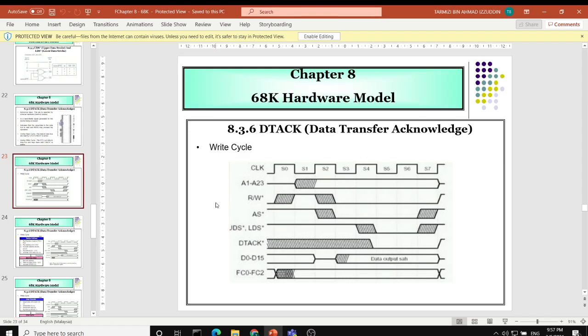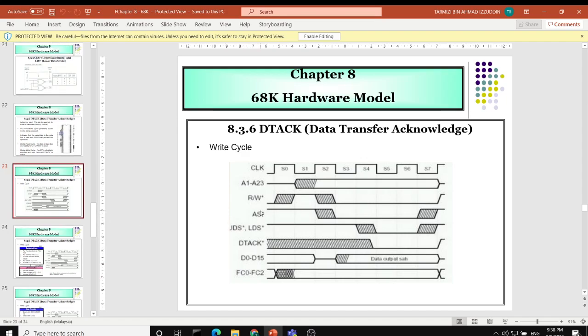So this is the timing diagram. As you can see, we have your clock here, your address, your read write, your AS, UDS, LDS, DTACK, and data. This is the timing scheme.